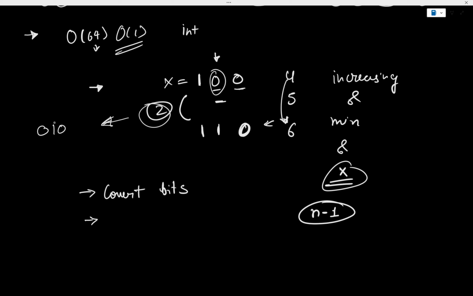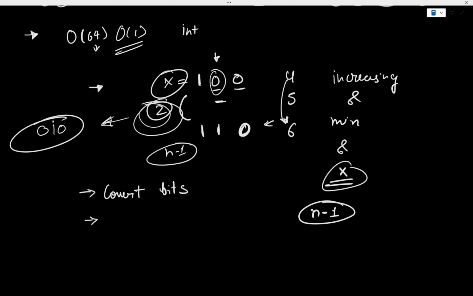So this conversion of this gap, this n minus 1, if we do, we get something like this. And this tells whenever we find an unset bit in the x, if we just replace that bit, we'll get a number that is following these things.